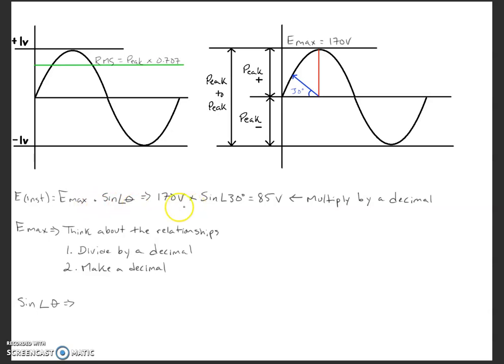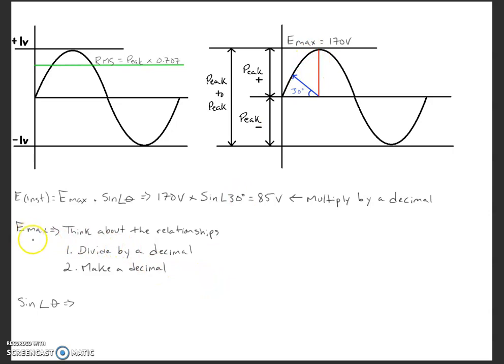But if you really think about the relationships, the formulas will just disappear because you'll understand what is happening within this wave. So multiply by a decimal, and sine of 30, right? Sine and cos will always provide a decimal aside from 0 and 90 degrees. So it stands to reason, multiply by the decimal, your number's going down.